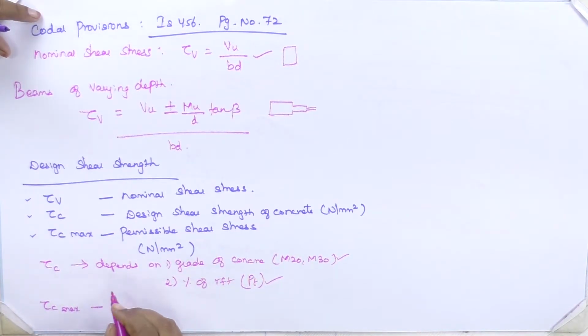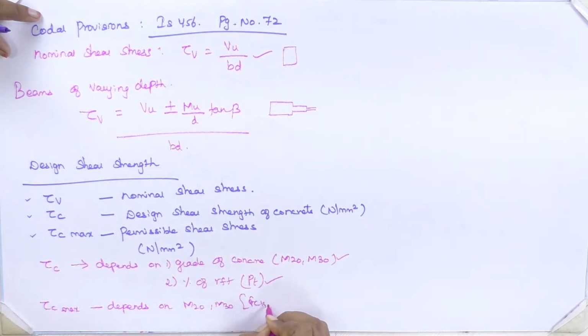Then tau C max. This permissible value depends on M20, M30, that is the same fck, the characteristic compressive strength of concrete, which will be changing. You have a maximum variation of tau C max.